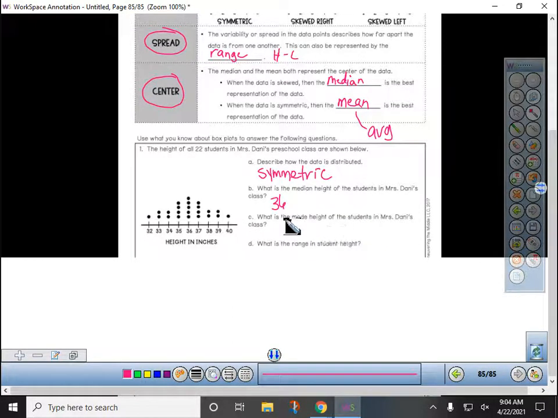36 inches. What is the mode height of the students in Ms. Danny's class? 36, that's 5 people that are 36 inches. If you were to write this out, just the numbers, this is what it would look like.